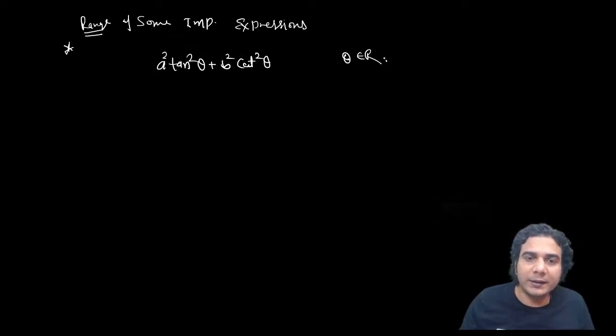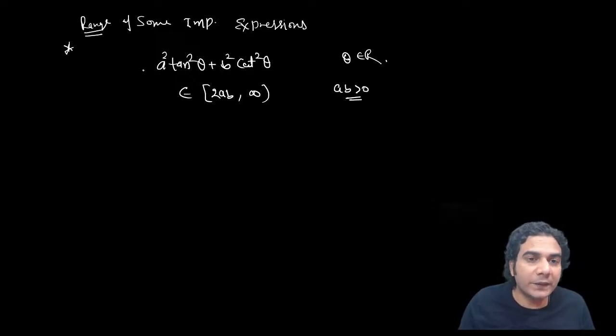Using AM-GM, its minimum value was 2ab if a and b are positive, or 2|ab|. So the range of this is 2ab to infinity, where ab is a positive number. This was the range of a square tan square theta plus b square cot square theta.